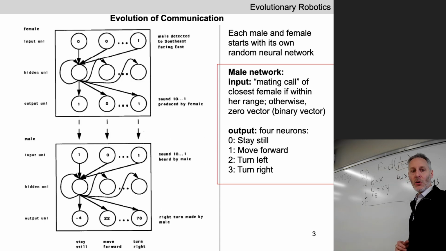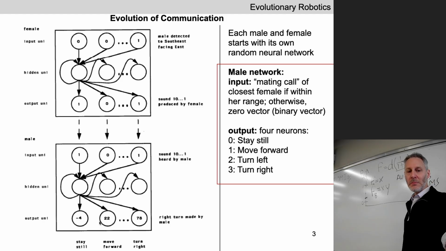Okay, so this particular male has heard something, and again, we propagate the values arriving at the input layer to the hidden layer. We allow those values to propagate down to the output layer, and we do not apply an activation function in this case. We just leave the raw weighted sums that arrived at the output layer alone.